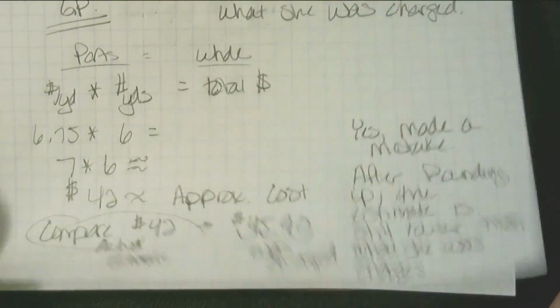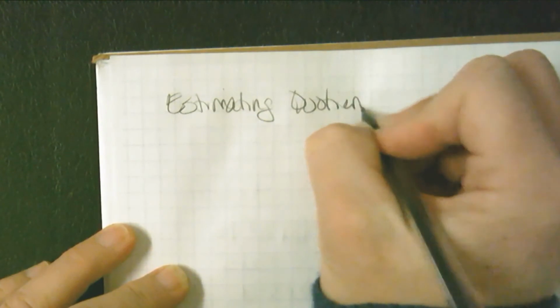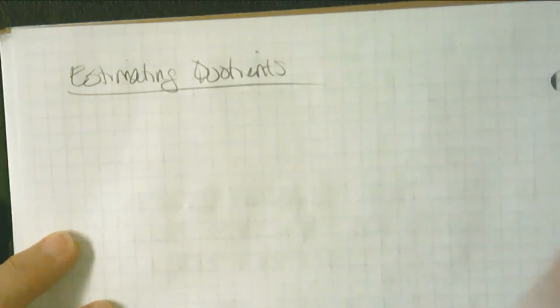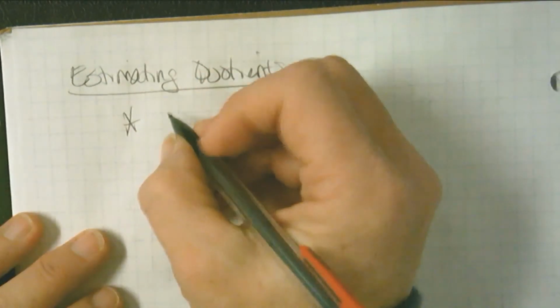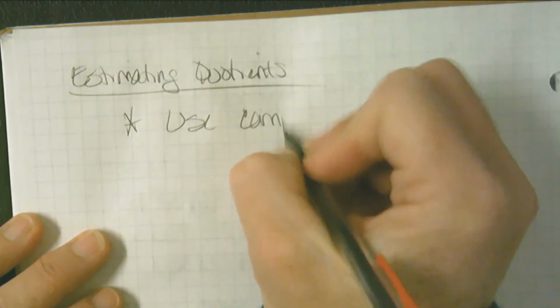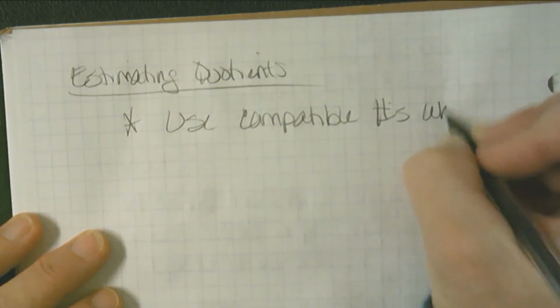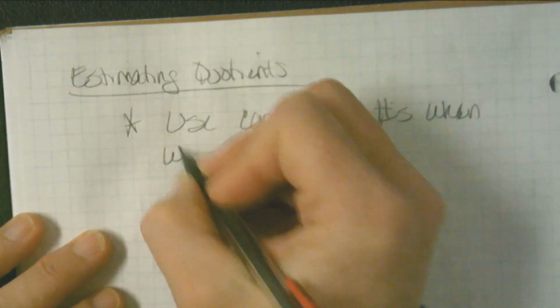All right, I have division, so let's talk about division. So let's talk about estimating quotients. If we talk about estimating quotients, what we need to focus on is we need to use compatible numbers when we round.